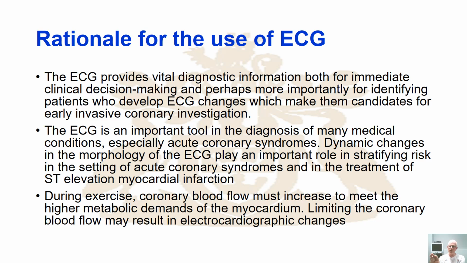So if there happens to be a limitation to coronary blood flow, you're going to see that in the ECG. In other words, if for whatever reason there is a change in the O2 delivery to the heart, it will be visible.